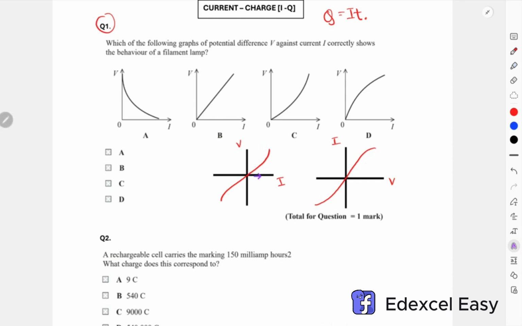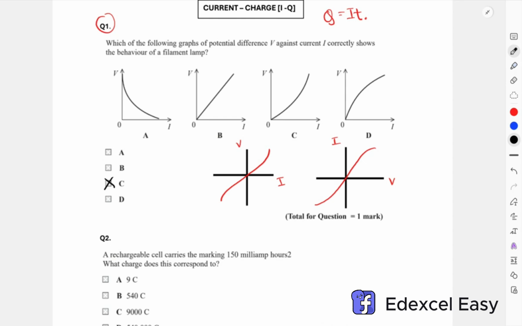Only this portion was represented in these 4 options. We can clearly see C is the correct answer over here. So the final answer is C. I hope this was clear for all of you. If there are any more questions, you can certainly ask me in the comment section.